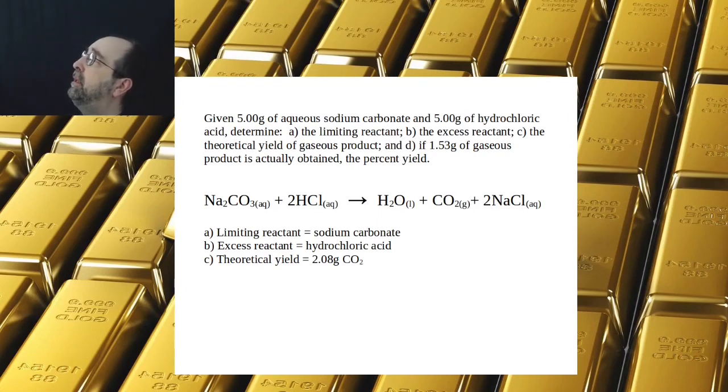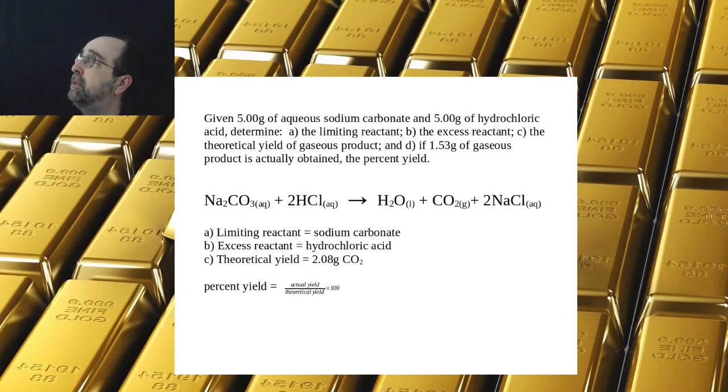Part D, if 1.53 grams of gaseous product, they mean gaseous carbon dioxide, is actually obtained, then determine the percent yield. Well, there must be a formula for percent yield. If we look that up or if we have it memorized, percent yield is actual yield divided by theoretical yield and then times by 100 to make it a percentage.